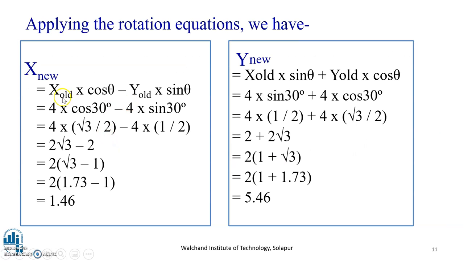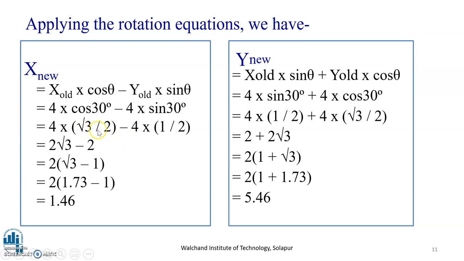Now, we calculate them using the equations of rotation as shown on the screen. So, we have obtained x new is equal to x old into cos theta minus y old into sin theta. That is 4 into cos theta minus 4 into sin theta. So what we get is 4 into root 3, since cos theta value is root 3 by 2, whereas sin theta value is 1 by 2.